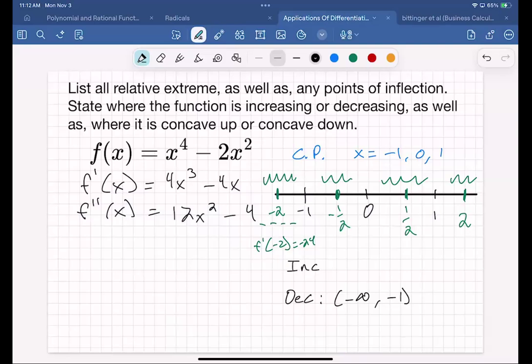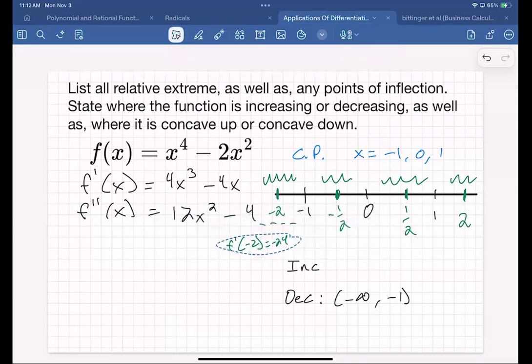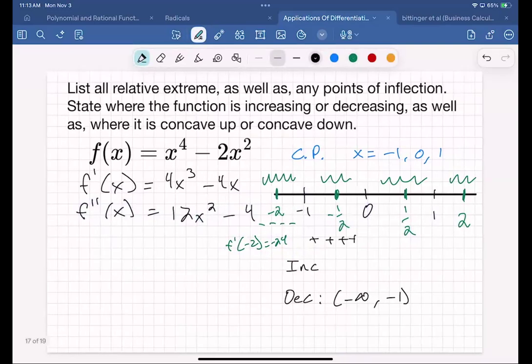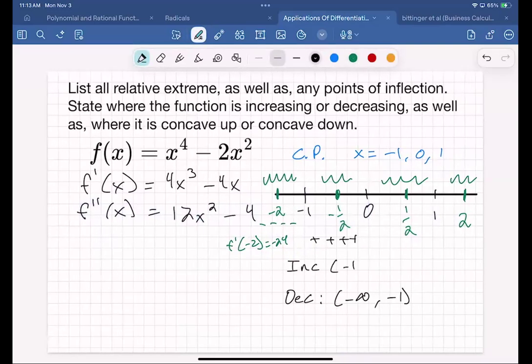All right, for here, I got a positive value. So no matter what value I put in here, it's going to be positive. So that means to me that, hey, from -1 to 0, it's increasing. Plugging in +1/2, I got negative. So any value I pick here is going to be decreasing.